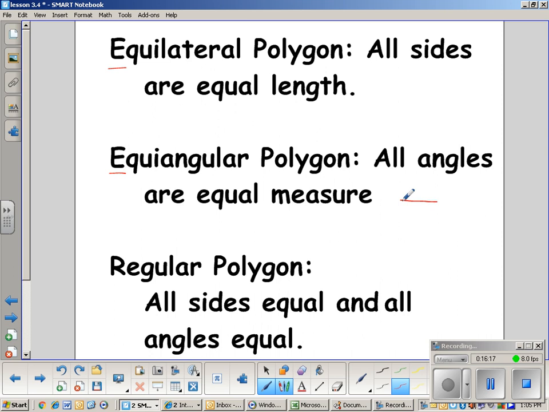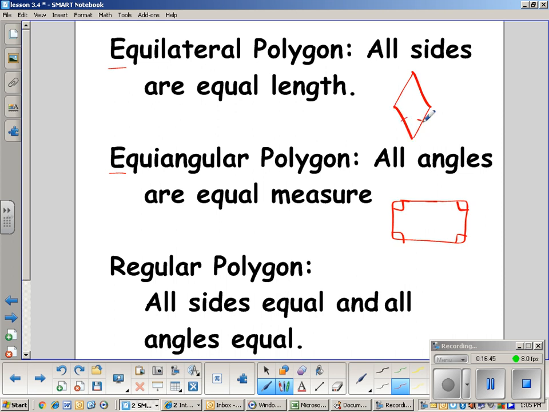Let's look at this one. A rectangle, right? All four angles are 90 degrees. Yet not all four sides are the same, are they? Right? So it's possible that it's that way. Equilateral but not equiangular.